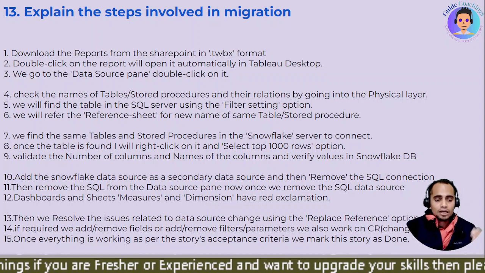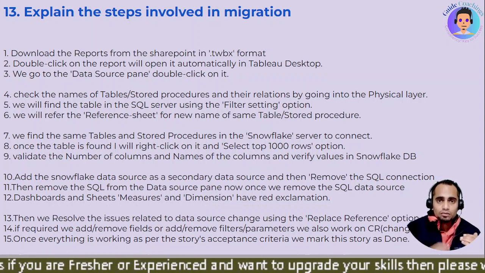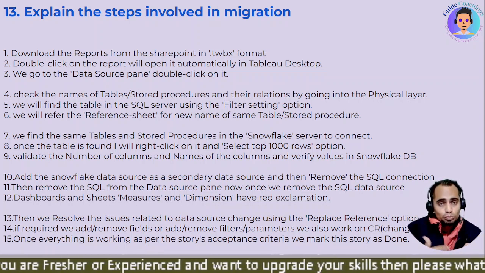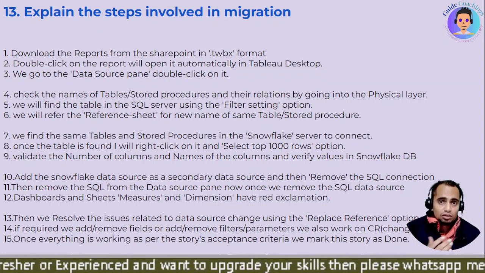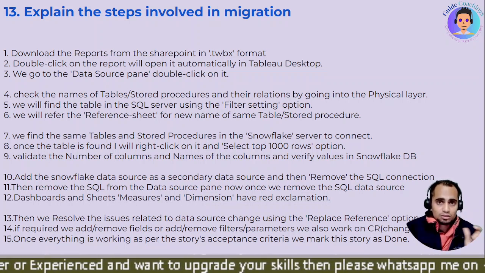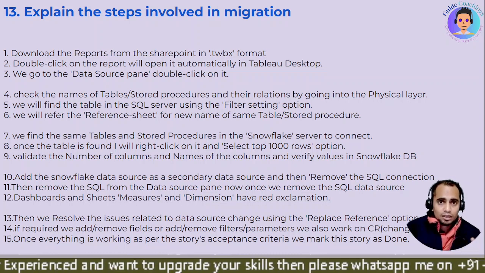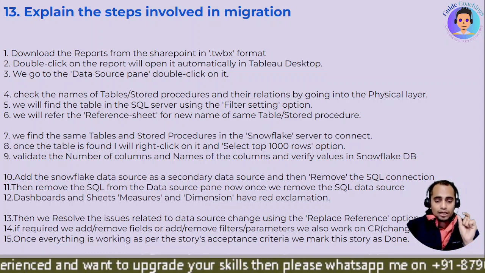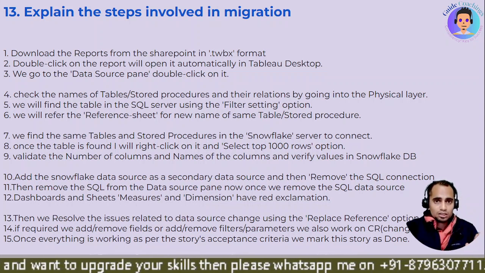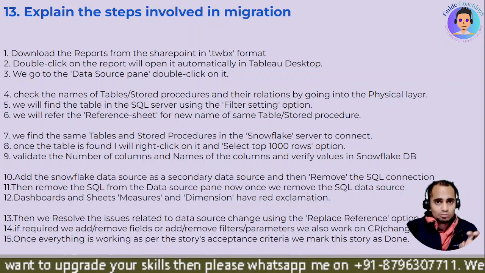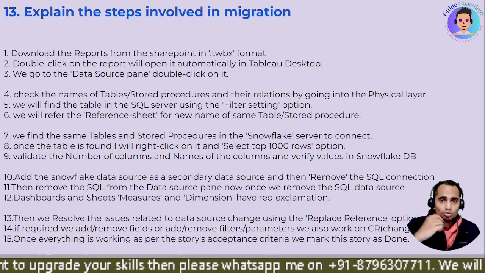Then we will refer to the reference sheet. The database team has also provided us a reference sheet, where we check what names are placed inside the project. So we'll check those names, use those names and stored procedures, validate them, and then we'll go for Snowflake.